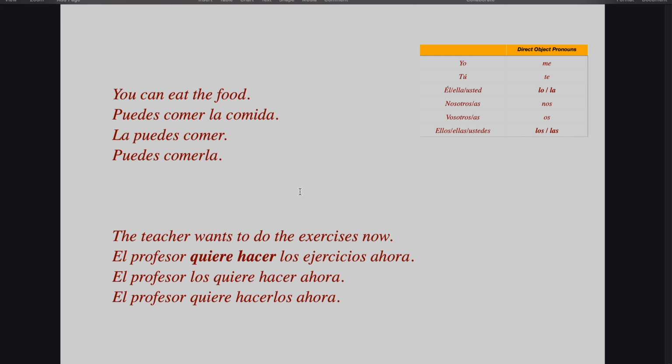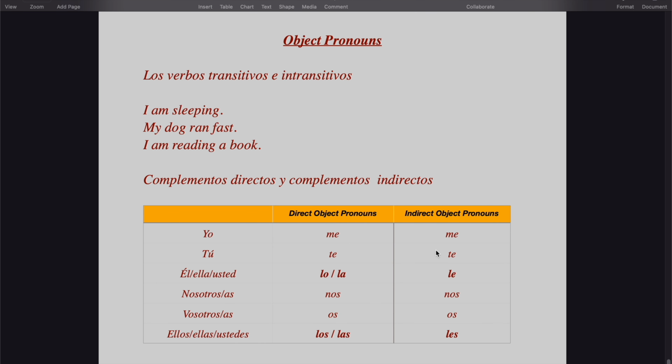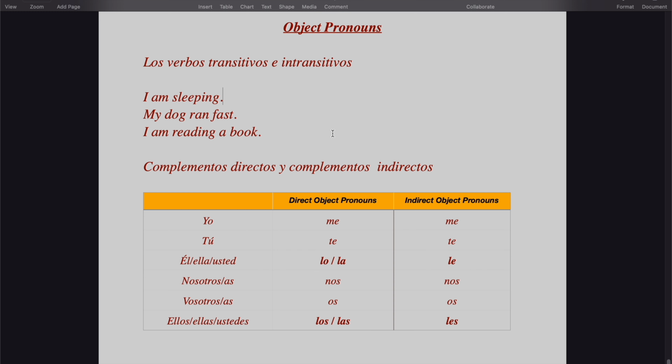That is how we deal with direct object pronouns. To summarize, we have seen that when the verbs are transitive, they will have at least one object. When the sentence has only one object, that object is called the direct object. When that direct object is replaced by a pronoun, that is called a direct object pronoun. The direct object pronouns that we have seen are me, te, lo, la, nos, os, and los, las for the third person plural.